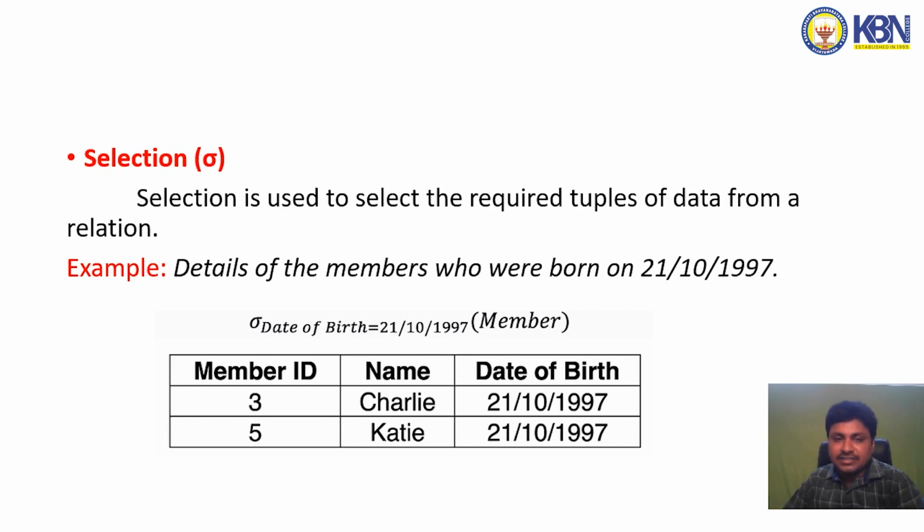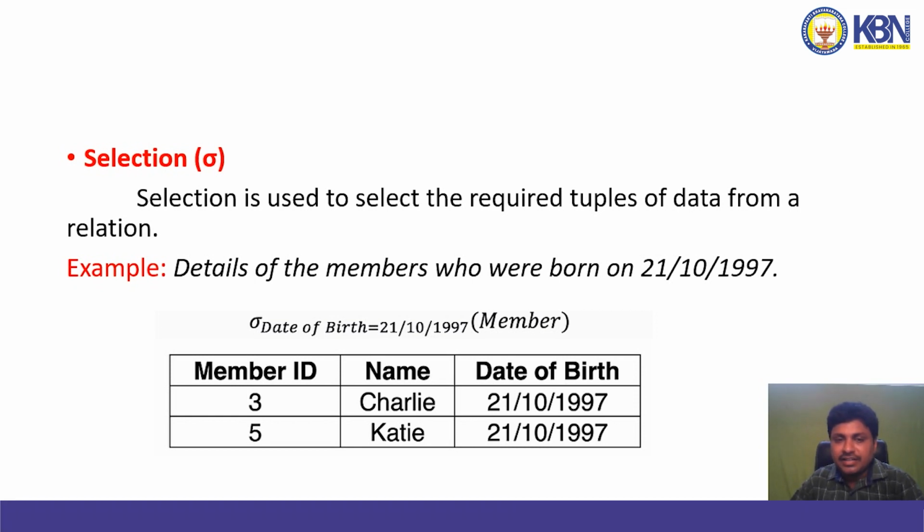Member is the relation, and we retrieve the data: member ID, name, date of birth. These are the three attributes in the member relation. It can immediately identify who was born on 21st October 1997.